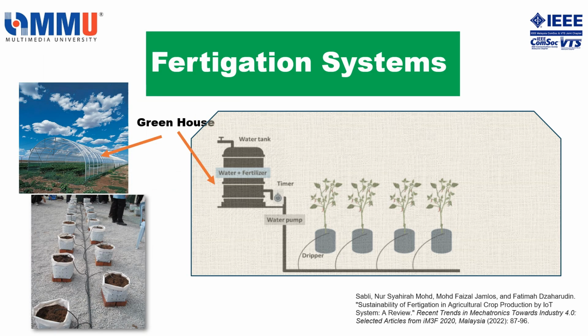Fertigation systems do not use water as a medium. Instead, they use alternative media like LECA balls and coco peat. Fertigation systems are often found outdoors, within a structure known as the greenhouse.